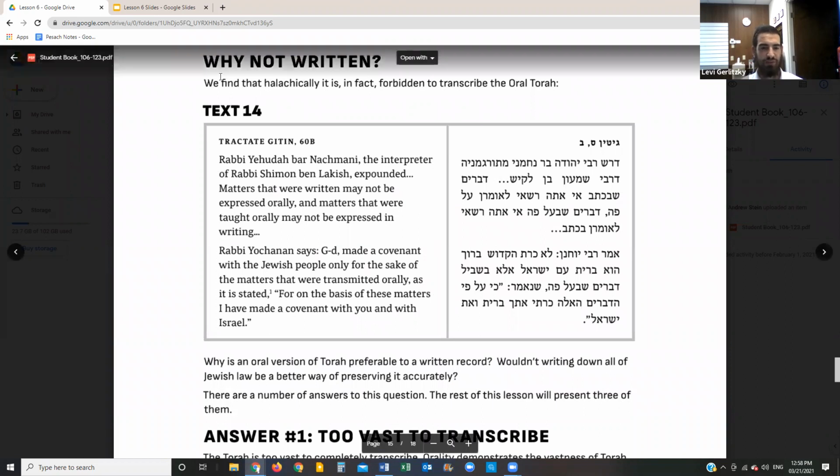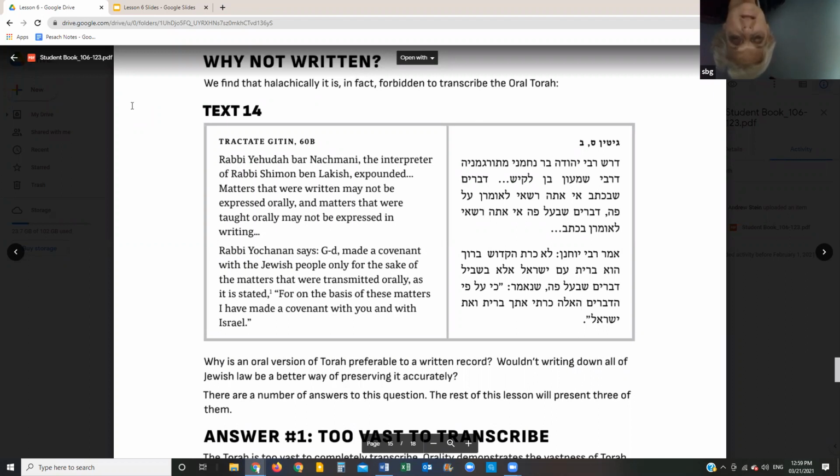Sheila, if you'd like to read why not written, and then text number 14. Halakhically, it is in fact forbidden to transcribe the oral Torah. Rabbi Yehuda bar Nachmani, the interpreter of Rabbi Shimon ben Lakish, expounded: matters that were written may not be expressed orally, and matters that were taught orally may not be expressed in writing.